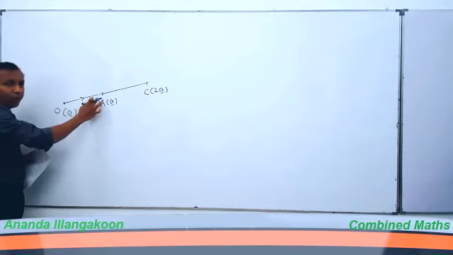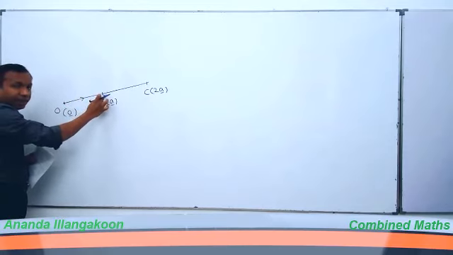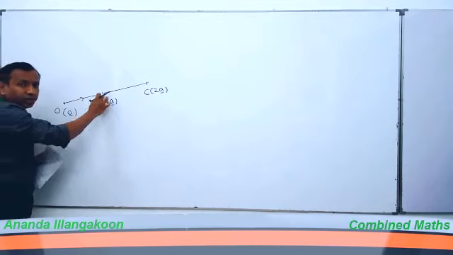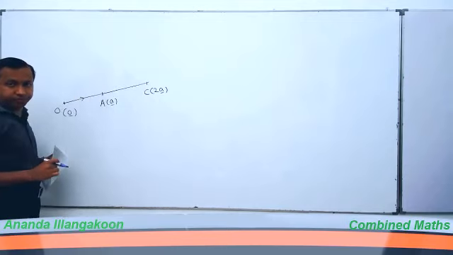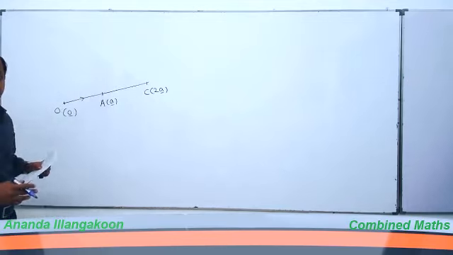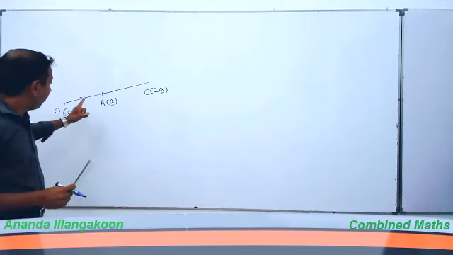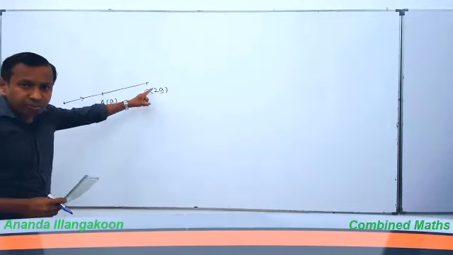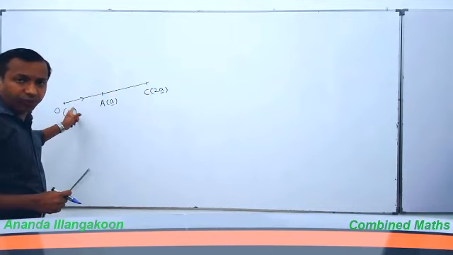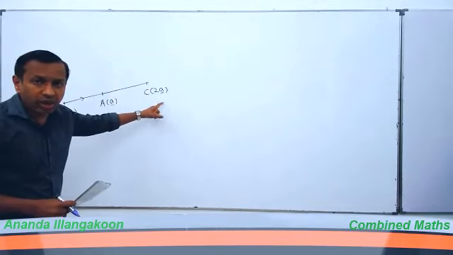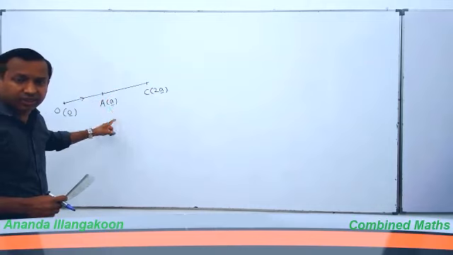That means OA should be produced from A in the direction O to A, the same length, to get the position vector 2A. Then O, A, C should be on the same line. Correct? O to C vector is 2A, O to A vector is simple A vector.